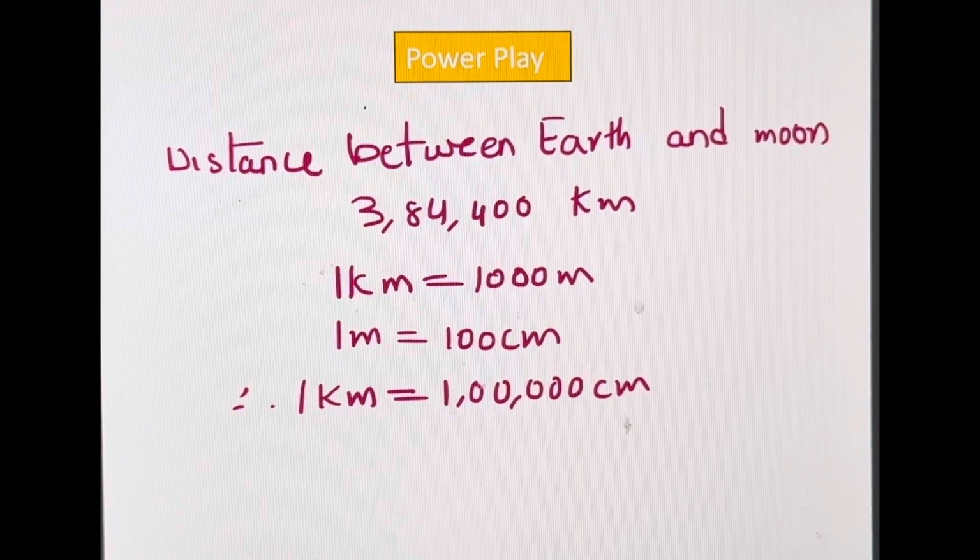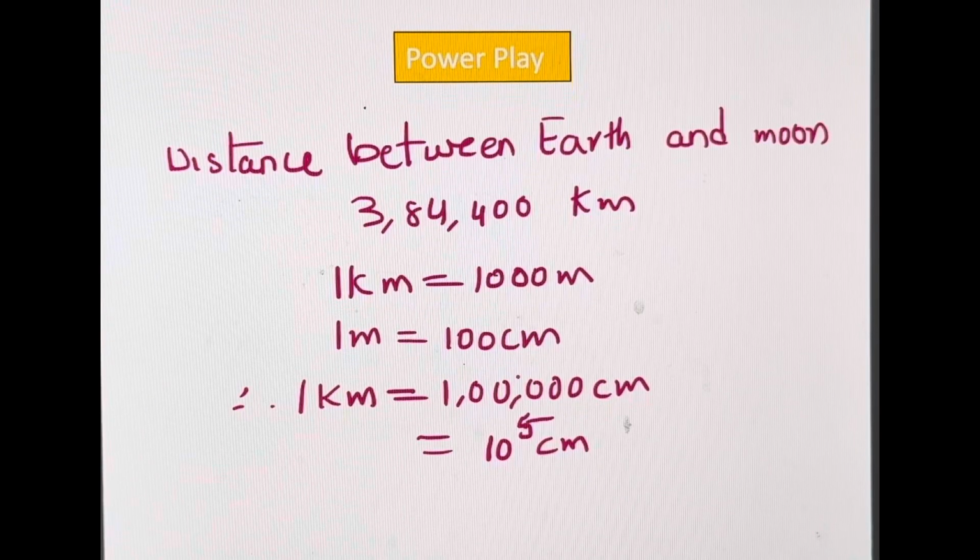So we need to multiply this with 3,84,400. Now we have learned the exponential form, the scientific form, so we will write this as 10 raised to 5. There are 5 zeros, so we write it as 10 raised to 5 centimeters. This would be easier for us.